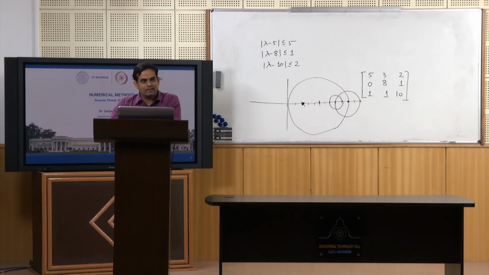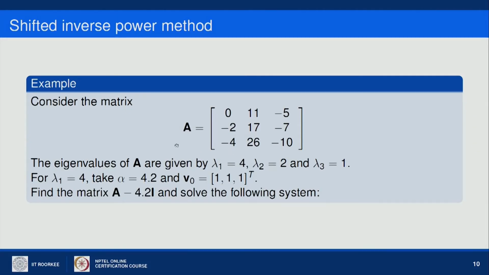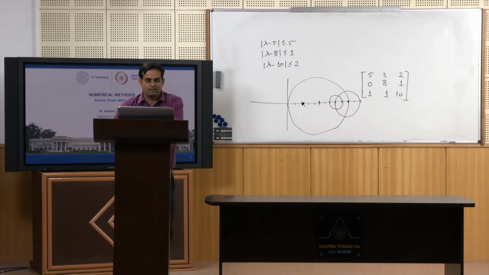So, let us take an example of the shifted inverse power method for finding one of the eigenvalues of a 3 by 3 matrix, and here we will use the fixed alpha version of the shifted inverse power method, that means with fixed shift.